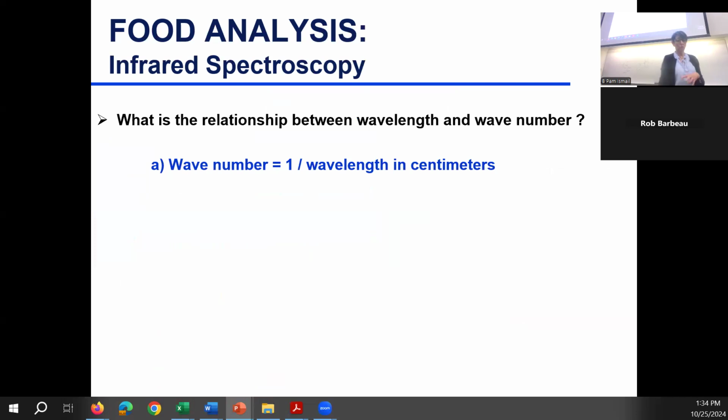Oftentimes, when you are measuring IR, instead of wavelength, you use wave number. And this is the relationship between wave number and wavelength. Wave number is the inverse of wavelength in centimeters.